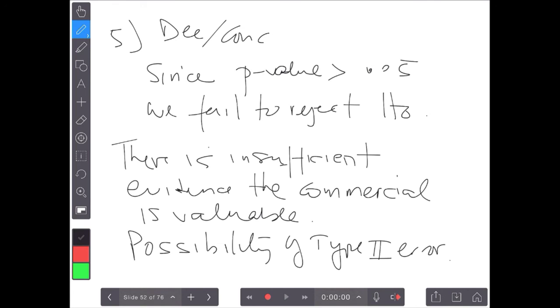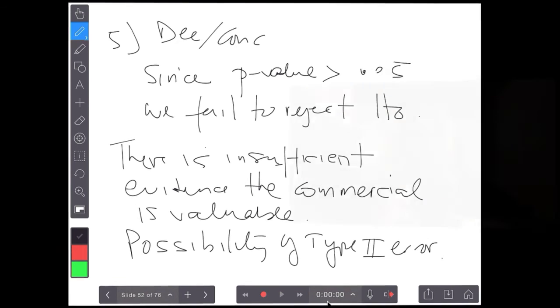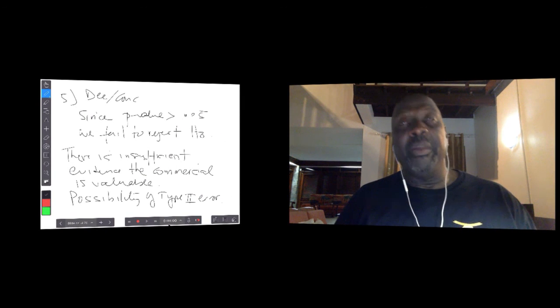All right, so just to revise and let's recap, we actually were looking at the impact of a commercial on the likelihood of buyers to purchase. So we actually allowed the participants to view the commercial, and then we first measured their likelihood to purchase before they actually saw the commercial, and then we measured it after.